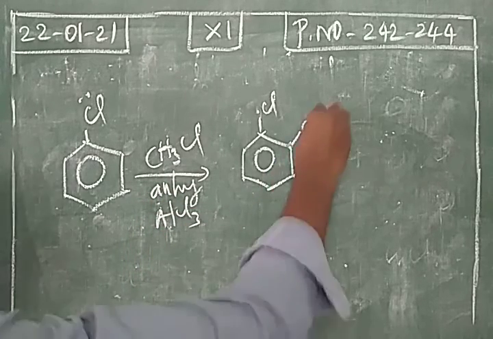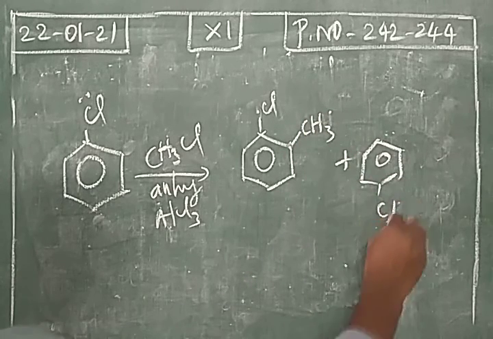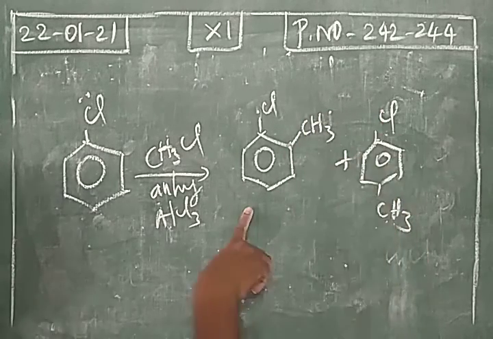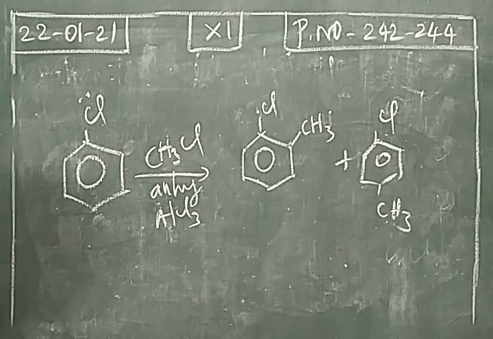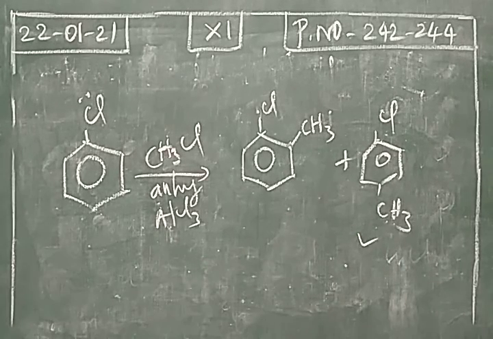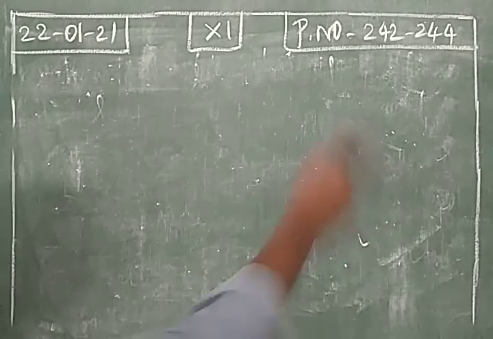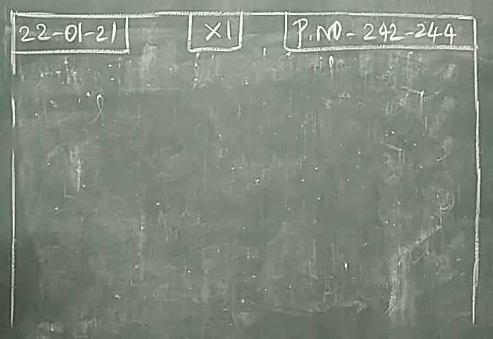So methyl group will be introduced at ortho and para positions. This is orthochlorotoluene, this is parachlorotoluene, this is major product. So with this, electrophilic substitution reactions of chlorobenzene is over.